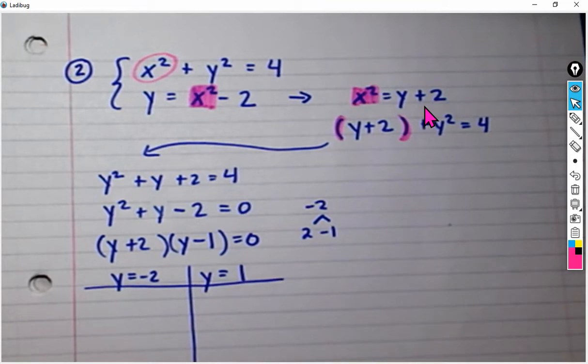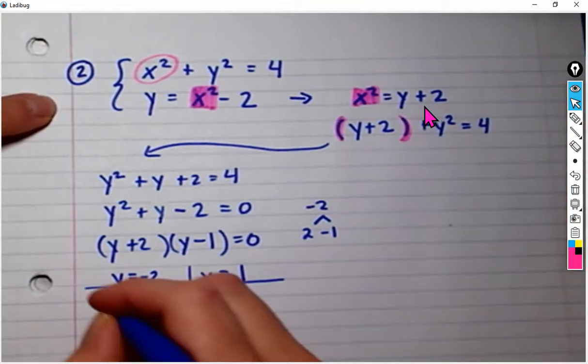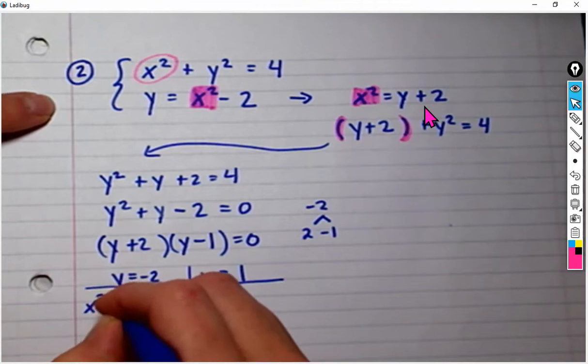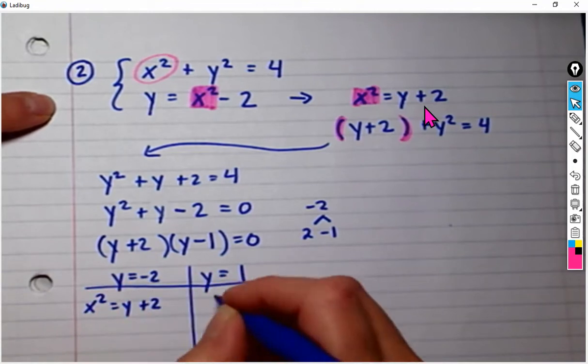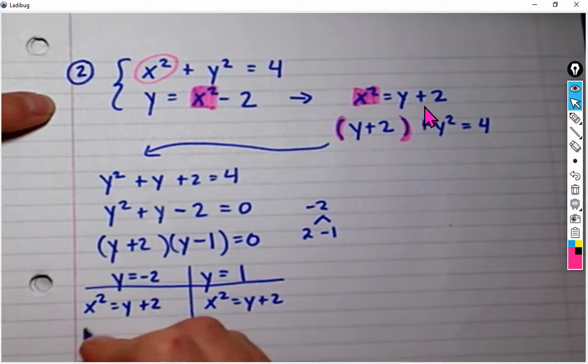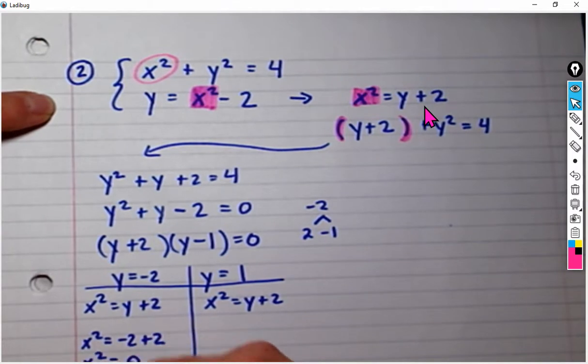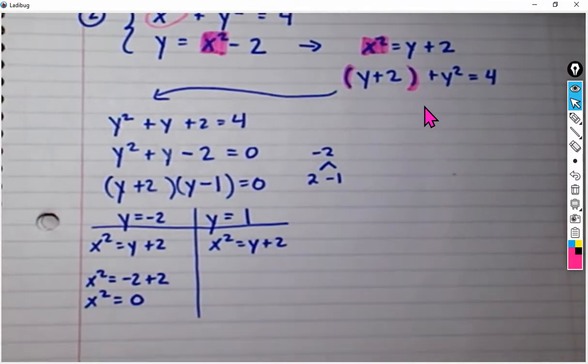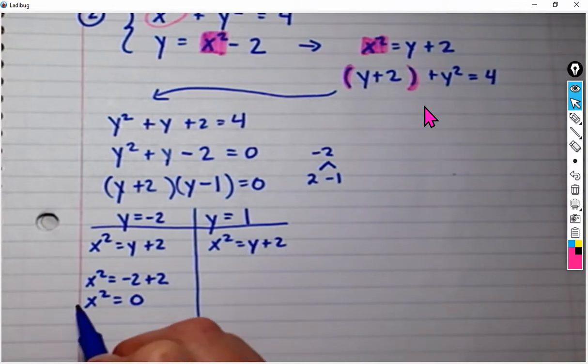Find your x-coordinates. Okay, well, I kind of already have this ready, so I'm going to go back here, x squared equals y plus 2. And I'm going to substitute. All right, so x squared equals 0.